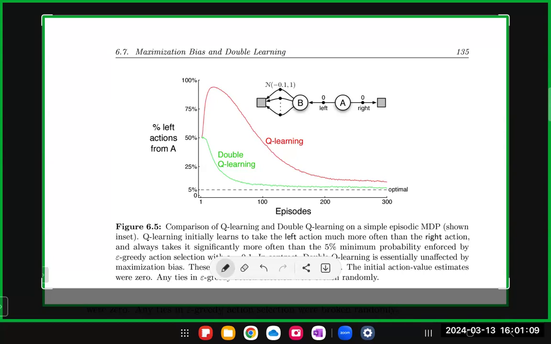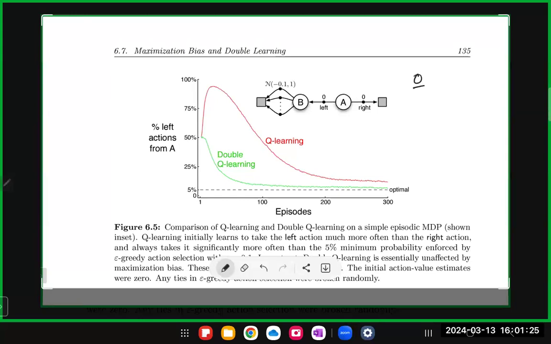How many think left? Right? Because what is the expected reward you'll get if you go right? Expected return is 0, right? You go right and the episode immediately terminates and you get a return of 0. If you go left, what is the expected return?